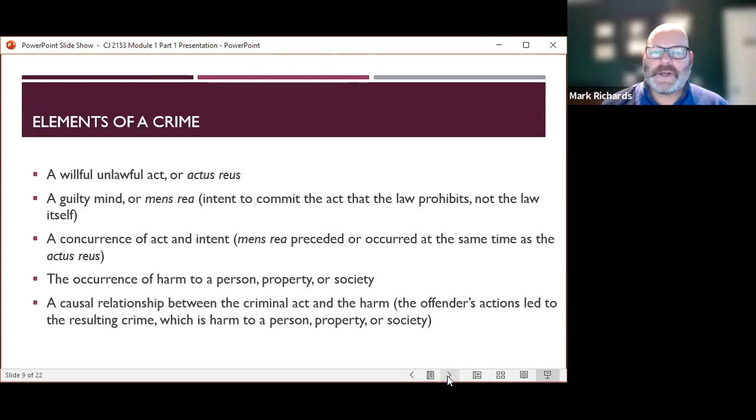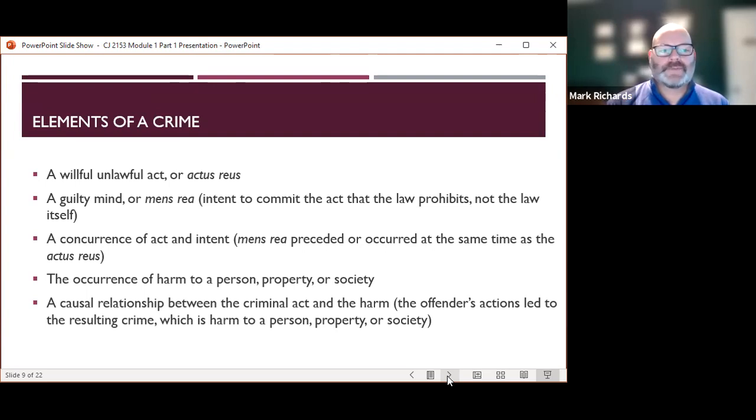There are 5 elements to a crime that need to be proven for the accused to be convicted of a crime. First, there has to be a willful act, or what's known as the actus reus. Second is the guilty mind, or mens rea. This is the intent to commit the act that the law prohibits, not the law itself. There must be a concurrence of act and intent.